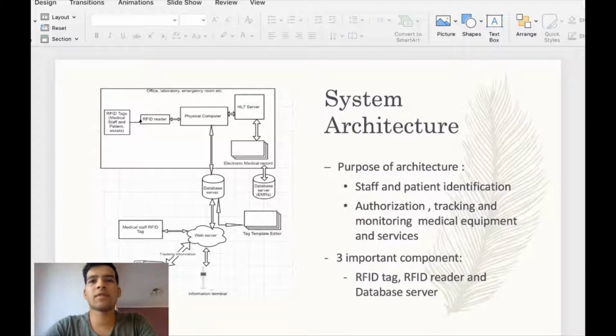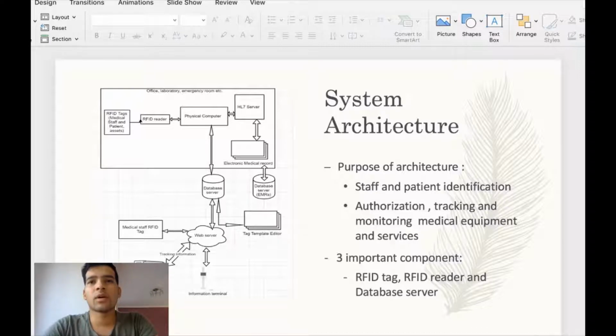The HL7 server allows interoperability within the clinical software developed by different vendors. The data server stores all the information about the patient tag, template, and tracking information. The electronic medical reports server stores the patient medical record securely.